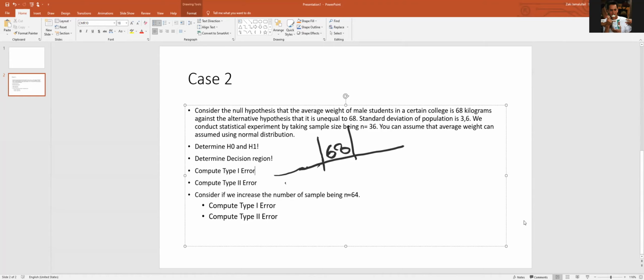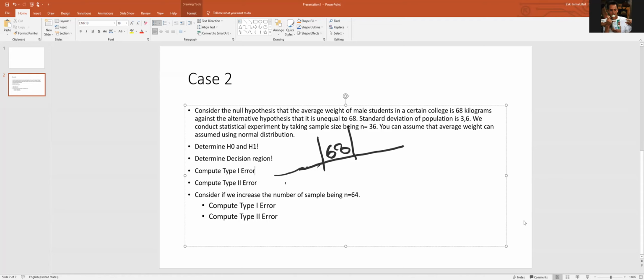For the H0 it says H0 is true, and then H1 is not equal to 68.